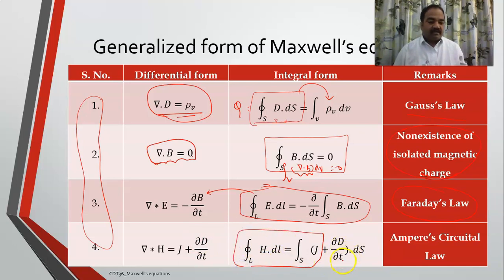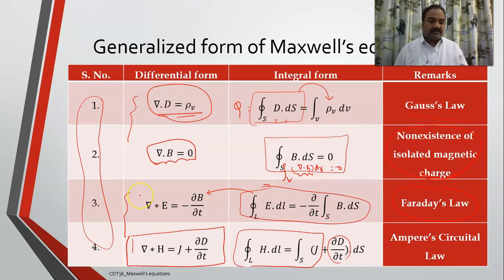Now we have included this displacement current also. So del cross H is equal to J plus dou D by dou t. So these are the expressions, 2 on divergence and 2 on curl. These are divergence of flux densities, whereas these are curls of field intensity vectors.